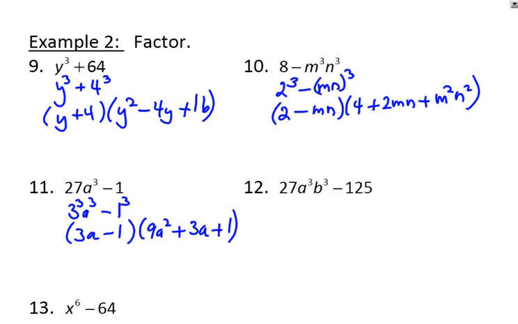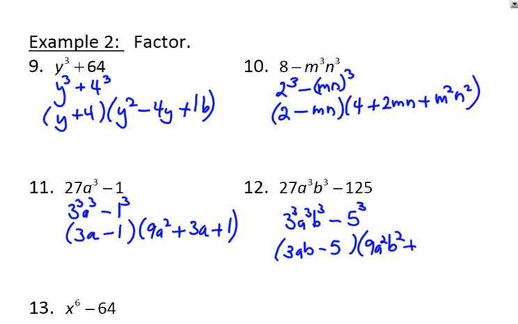And the next one, I have 3 cubed, a cubed, b cubed. So that's a cube minus, and then that's 5 to the third power. So the first parentheses is going to be 3ab minus 5. Then when I square that first one, I get 9a squared b squared. Opposite sign is plus. Multiply, and I get 15ab, always plus. 5 times 5 is 25.